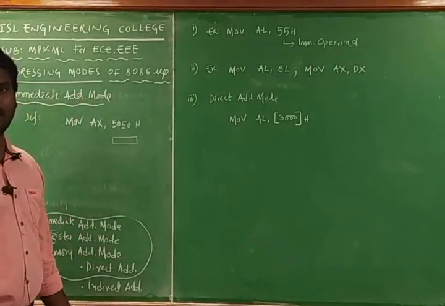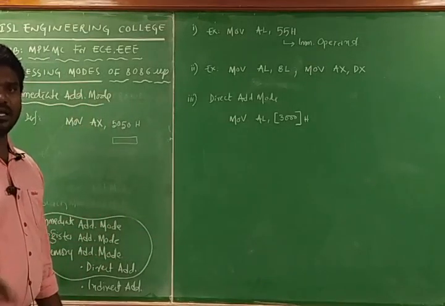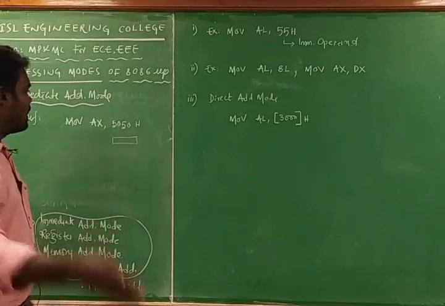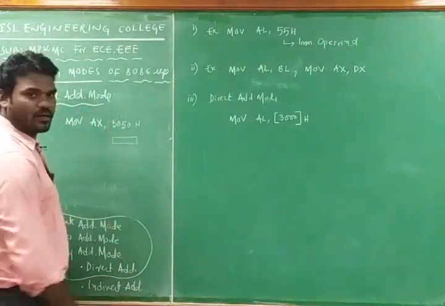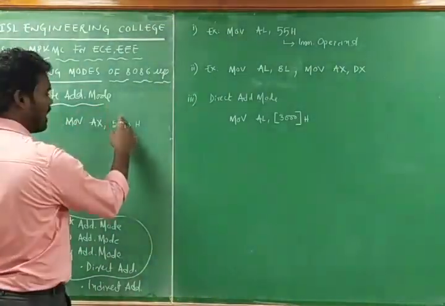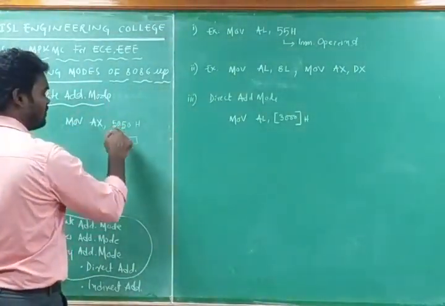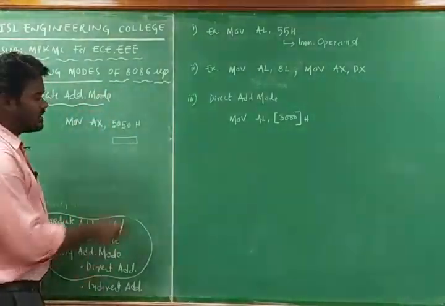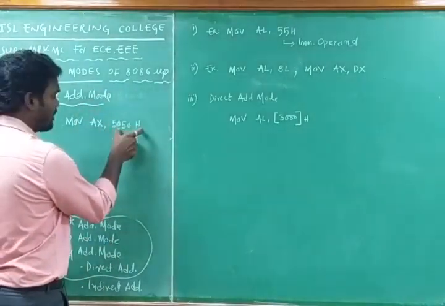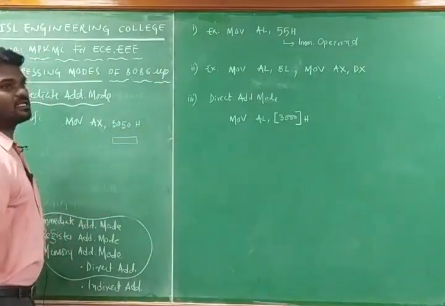Operand is nothing but what? The data on which an instruction can operate is called the operand. Now this instruction has been operating on 5050H, so that it is moving into the AX, so it is named as the source operand and this will be the destination operand.